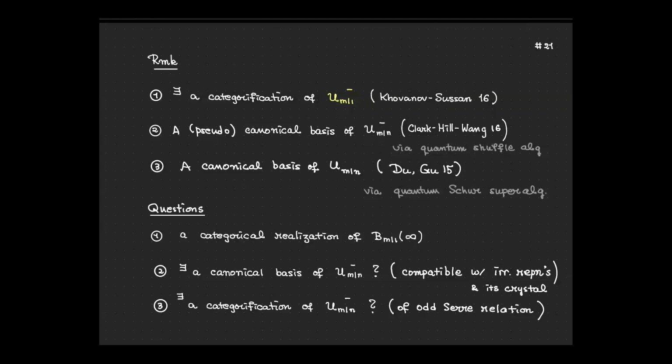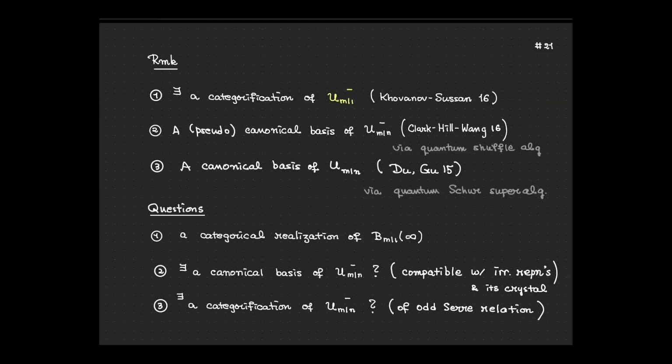And then of course, they defined the GLMN case. Those kinds of algebra were defined for GLMN, but for the GLM1 case, they show that there is a certain differentially graded category realizing the negative part of this quantum group.